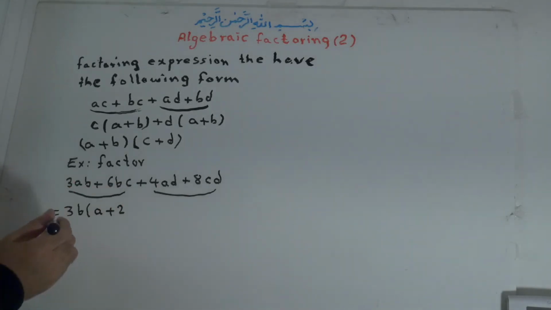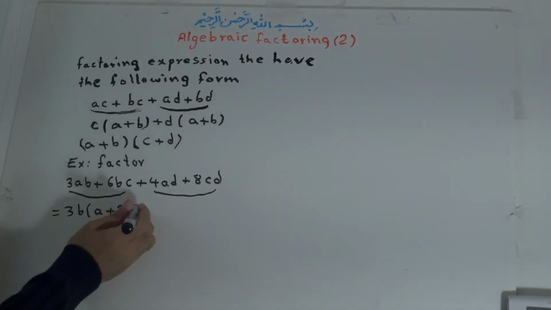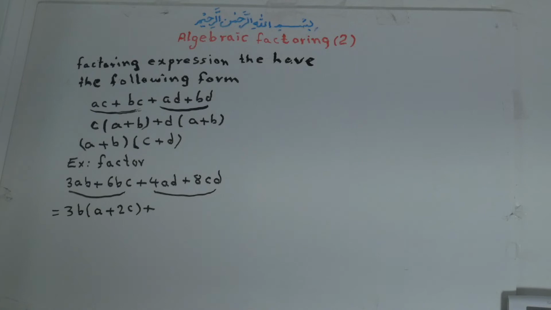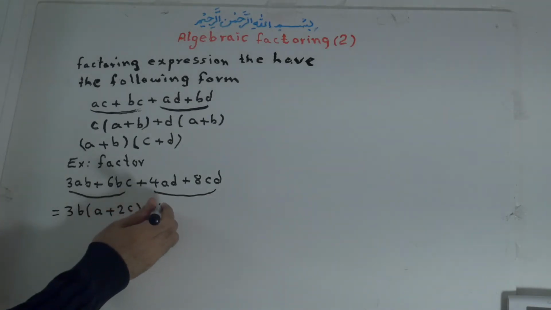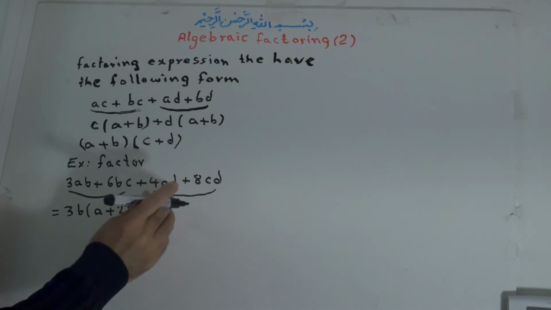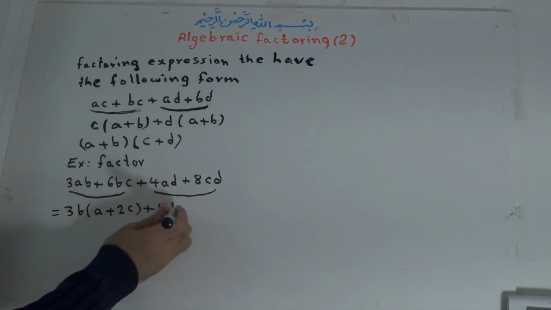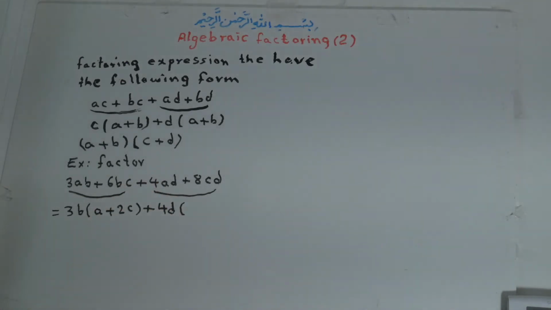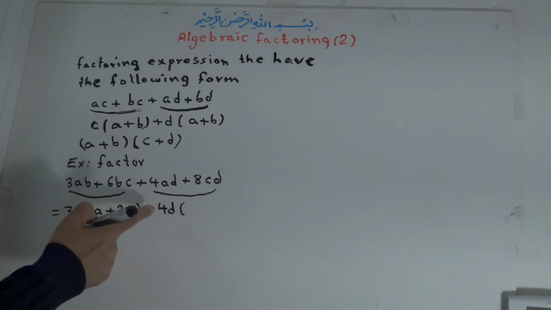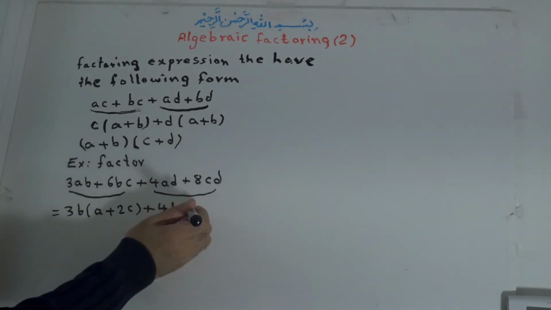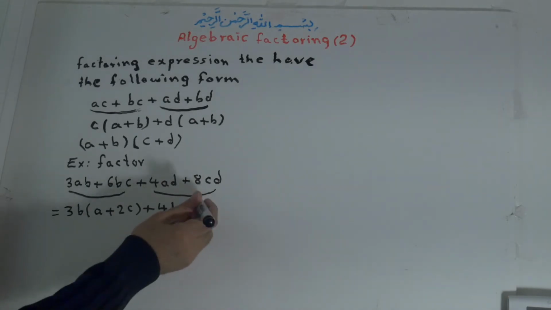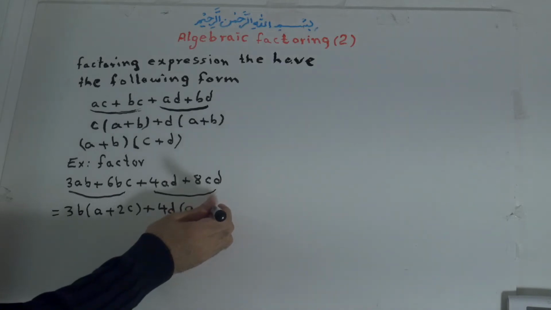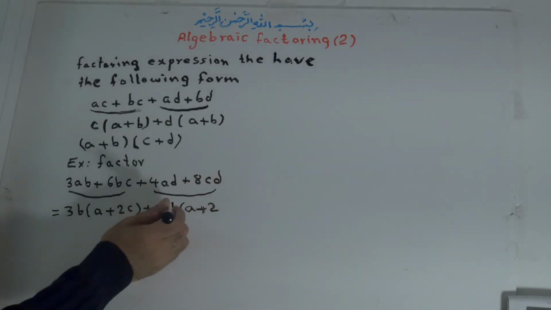We put B outside, 2C, plus between 8 and 4, the common is 4, and also D, 4D. Here we bring 4 outside, and also the D. Here remains only A plus 8 divided by 4 is 2C, because D is here.